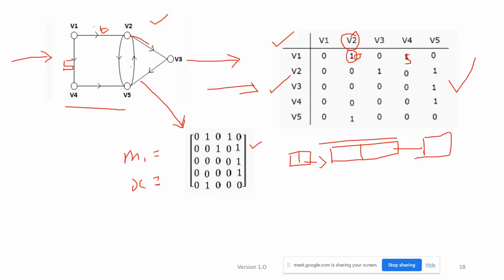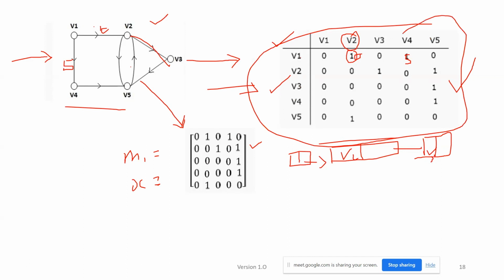Vector 2 to vector 3, right? This is vector 3. So V2, V3, like this. Either we can create data in this format, or we can use linked representation to perform the operations. This is basic data structure.